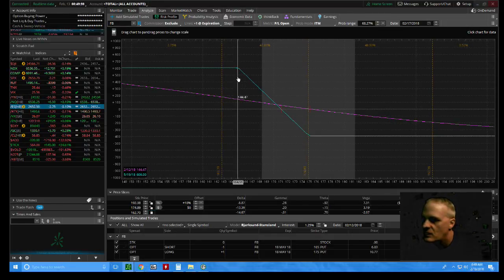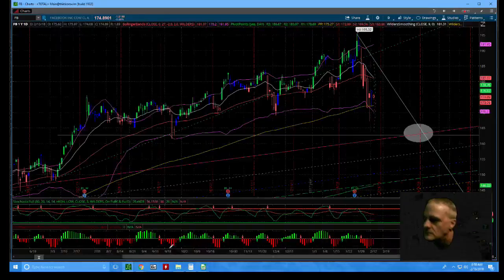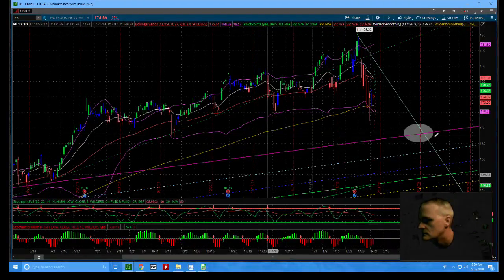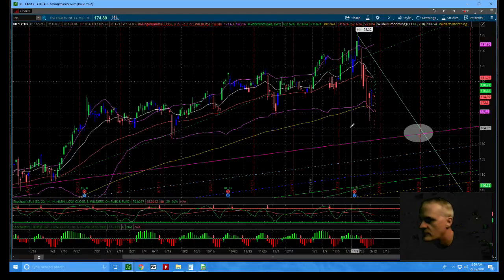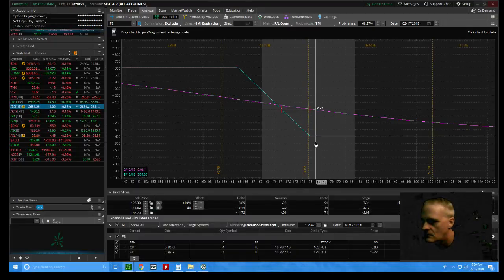As long as it's below 165 at expiration, I'm in good shape, which is right around here where my cursor is. That's about 2 to 1, maybe a little bit less than 2 to 1, like 3 to 2, profit, or reward, to risk.